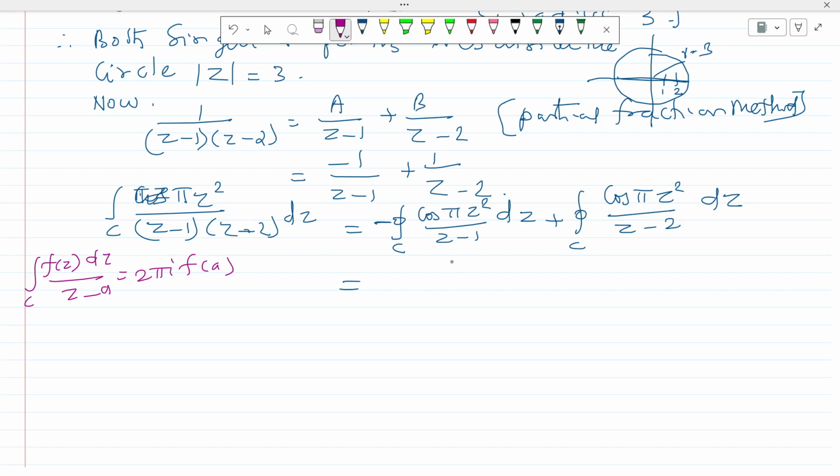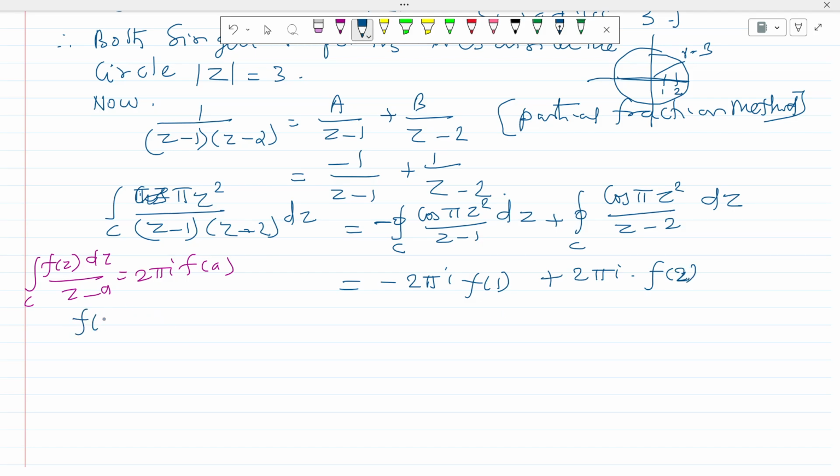So for the first one, minus 2 pi i times f of a, where a is 1, so f of 1, plus 2 pi i times f of 2, where a is 2. What is f of 1, f of 2?